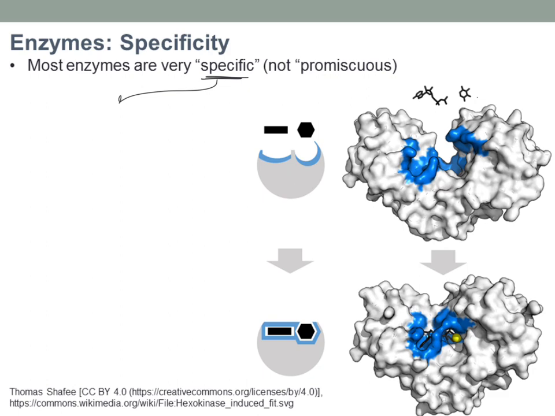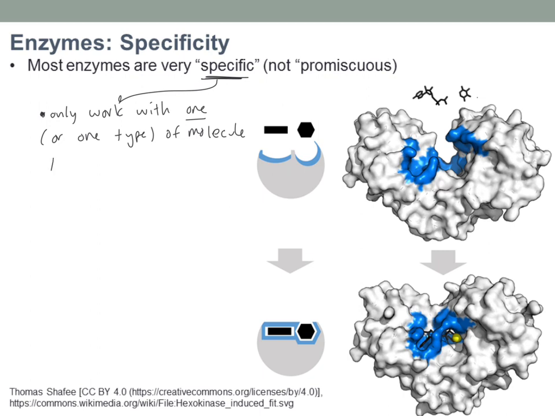So by specific, we mean that they only work with one, or I'll put parenthetically, one type of molecule. And so what that means is that a given enzyme, and I'll do some examples in a second, only works with one type of thing, which is why we need to have many.